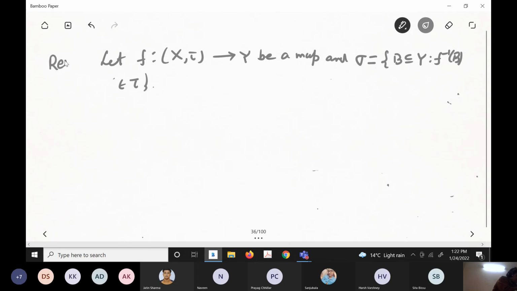What I'm getting as a result, let me write: then σ is the strongest topology.